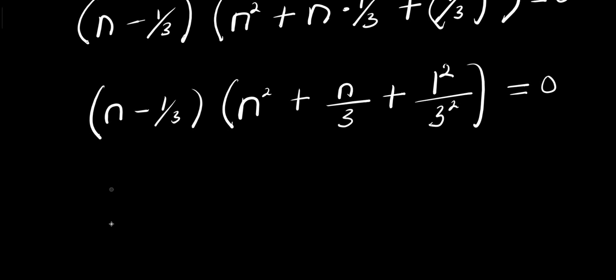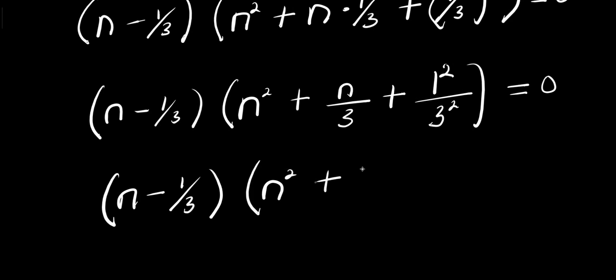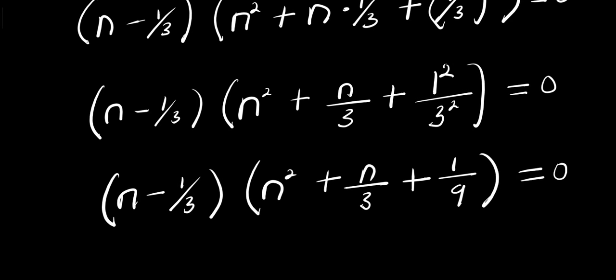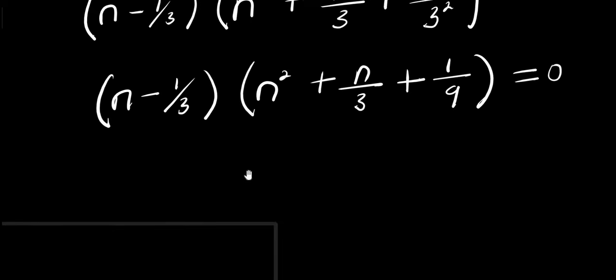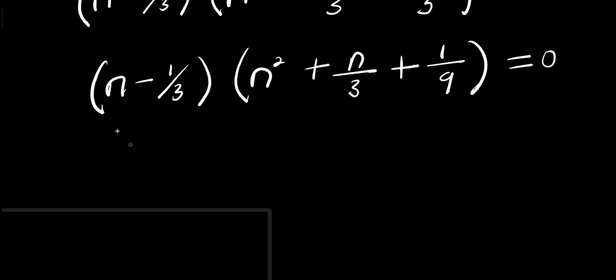So from here, I have n minus 1 over 3 times n squared plus n over 3 plus 1 over 9 equals 0. So from here, we can equate each of these to 0.